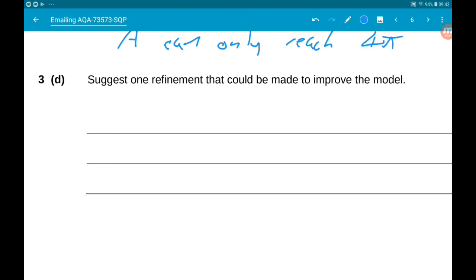So in the mark scheme they even mention that the fish might eat the weed. Now if that happens, obviously the surface area is going to decrease as the fish eat the weed.